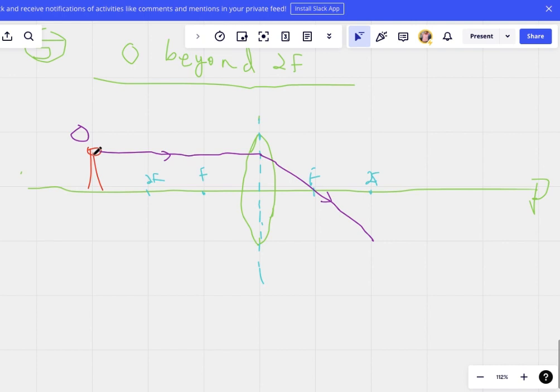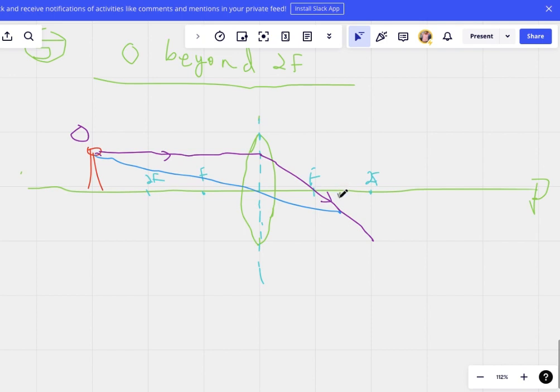Then another ray from the same candle light, let's choose a different color, something conspicuous enough, is going to pass through the optical center. See, they will meet here. So let's take a look at the kind of image that is formed.